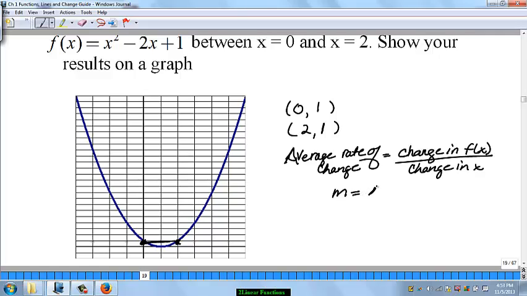So slope is delta y over delta x, and right here I'm going to do 1 minus 1, there's my change in my y's, over 0 minus 2. And when I get that, I get 0 over 2, or 0. So the slope is 0. And that makes sense because, look, it's a straight line. Isn't the slope of that line 0? So that's my average rate of change. It's 0 because they kind of cancel each other out, and it's a flat line.